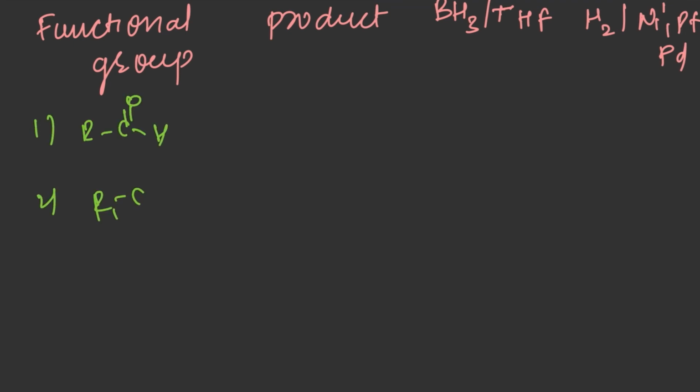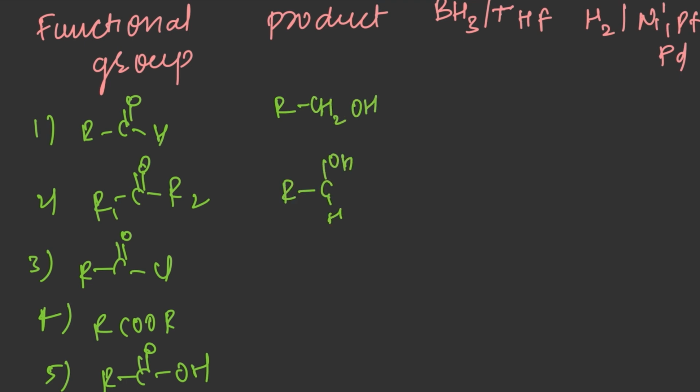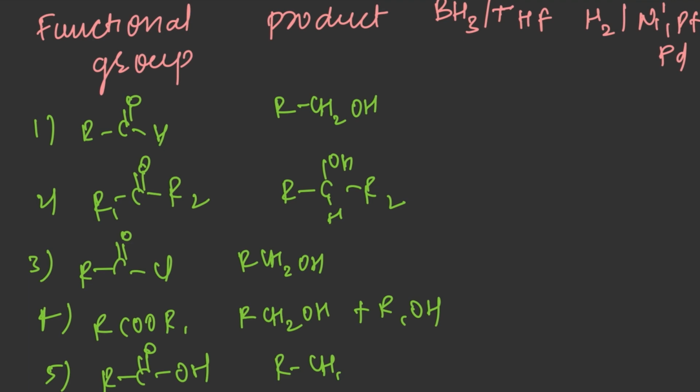Second, ketone R1C double bond O R2. Third, acyl chloride. Fourth, anhydride, ester. Fifth, acid. So let's write its product. It will form alcohol RCH2OH, and RCH2OH, and RCH2OH plus R1OH.